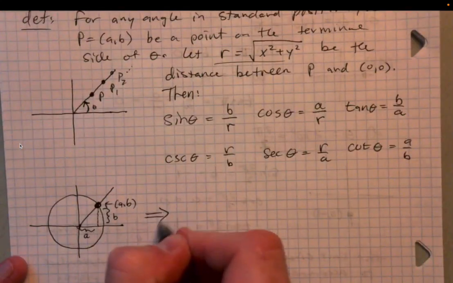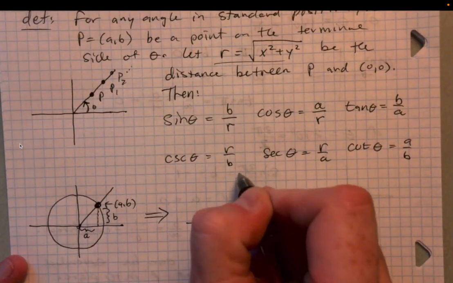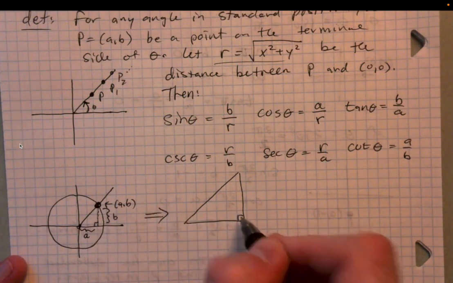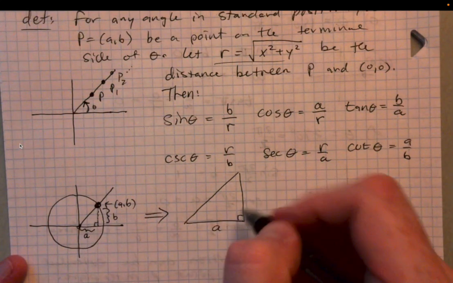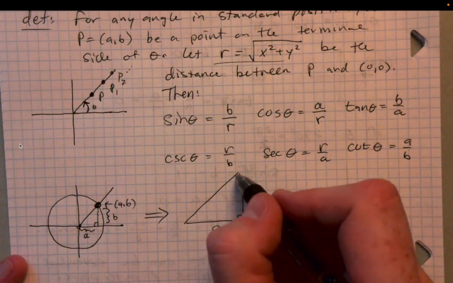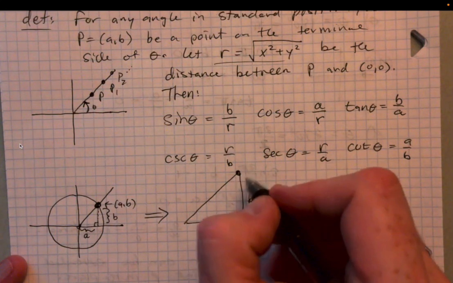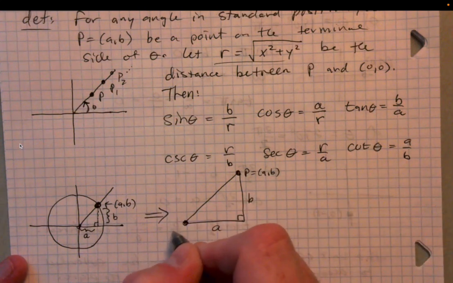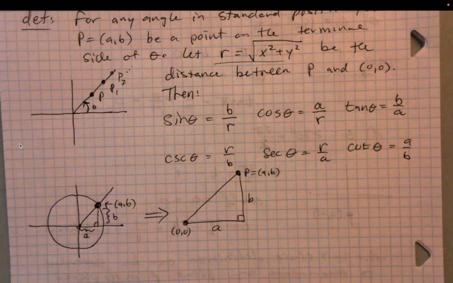And so I can think of this as a right triangle. This leg is a, that leg is b, and up here is P, and down here is the origin, (0, 0).